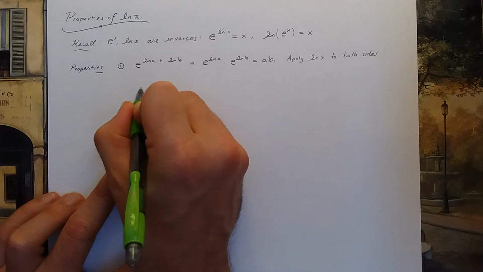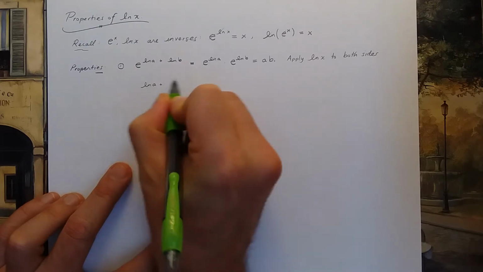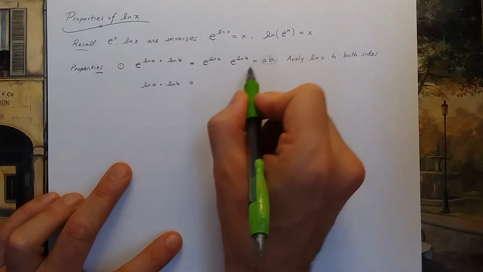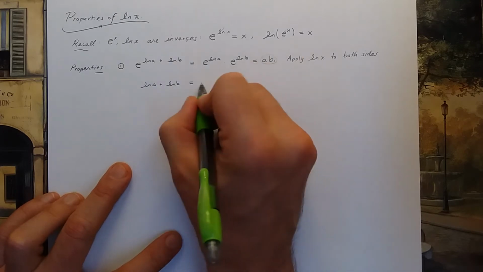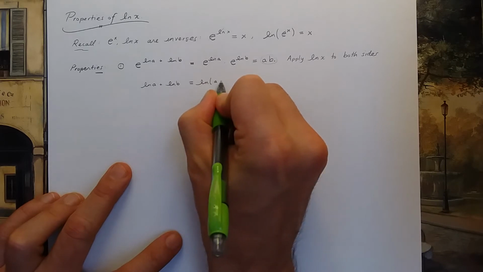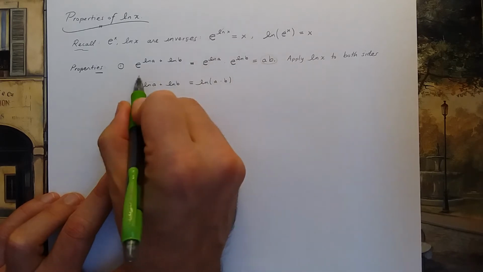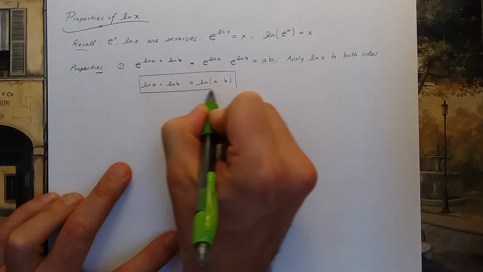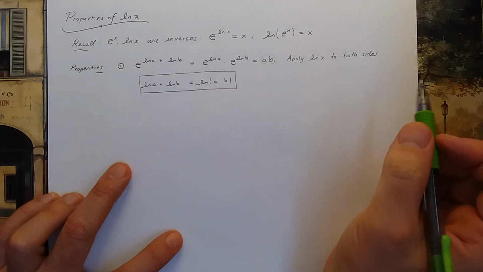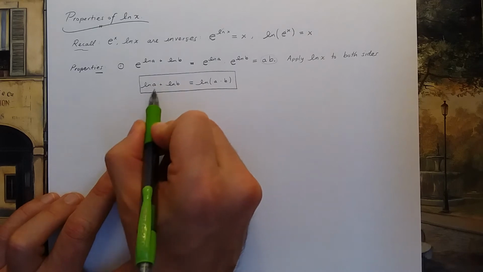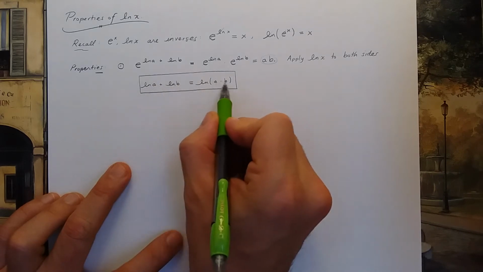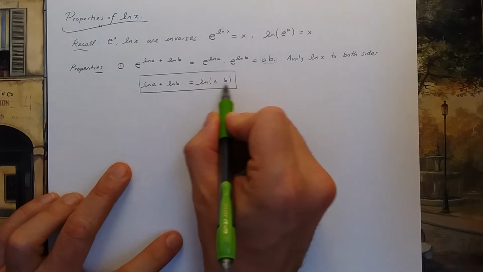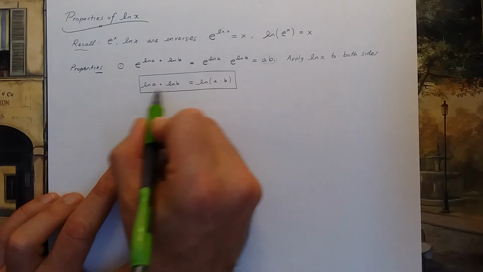So this side becomes log a plus log b. And then if you take log of a times b, you just get log of a times b. So this is one of the key properties when you're dealing with the natural logarithm function. Log of a plus log of b is log of a times b. So the logarithm turns multiplication into addition.